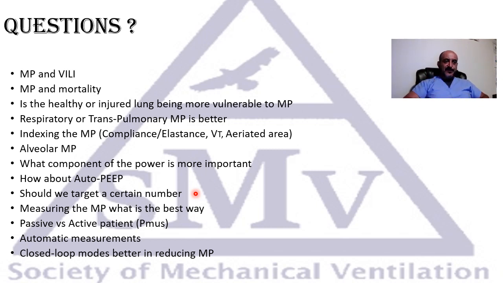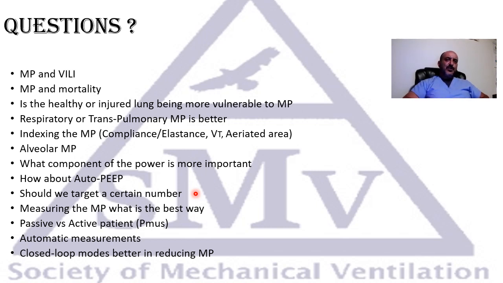If we're doing 7 or 8, we might be killing patients. As we talked about, there were some studies here also about mechanical power, that mechanical power above 12 or 15, and mechanical power above a certain number, may be related to mortality.